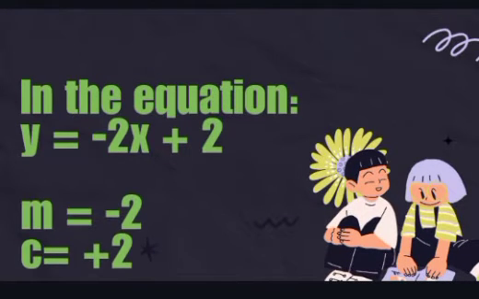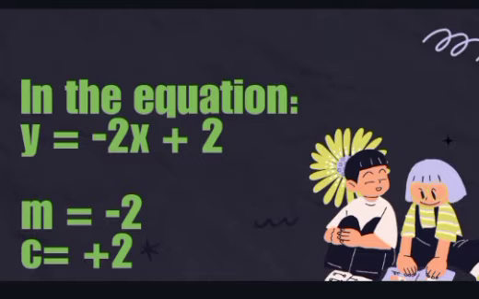So in the equation y equal to minus 2x plus 2, remember from what we said, m is equal to, if you look at the equation very well and compare it with the equation we had earlier, y equal to mx plus c, the number minus 2 in that equation occupies the value of m.